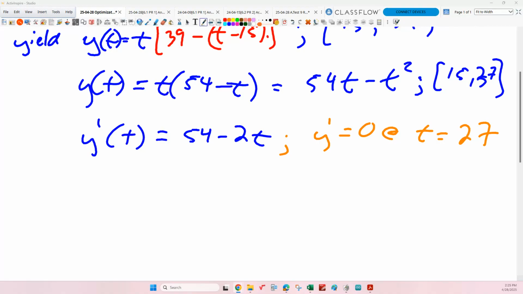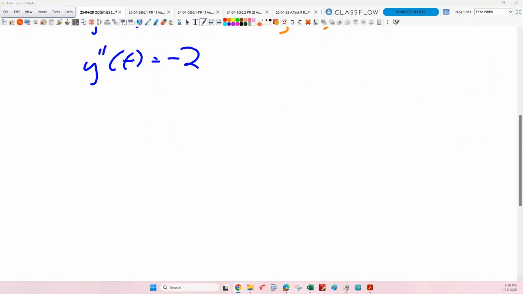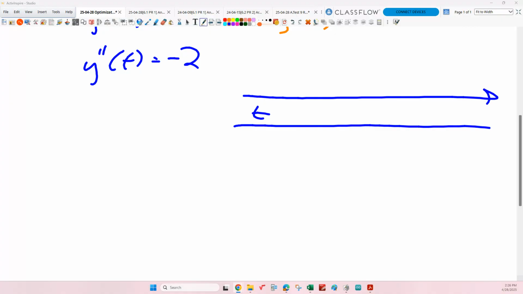What's the sign of the second derivative going to be? It's going to be negative. It's a negative 2, isn't it? Right? So it's a sad function. So if we were going to make a table here, that's our maximum.